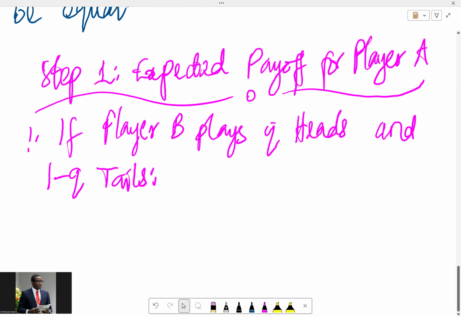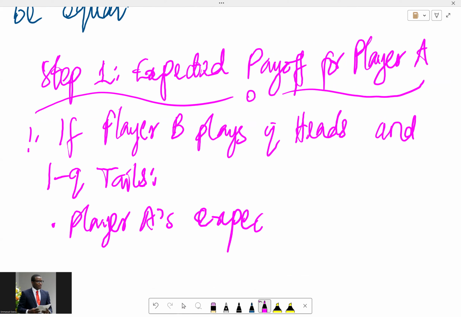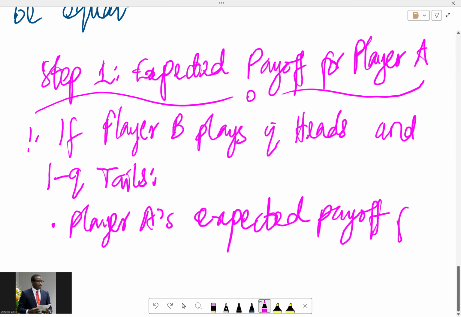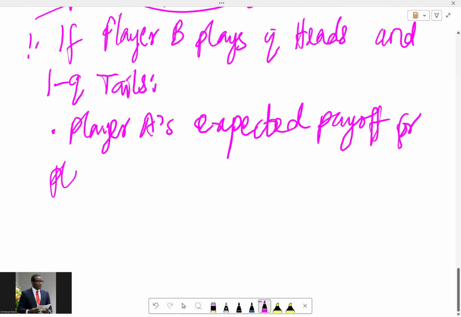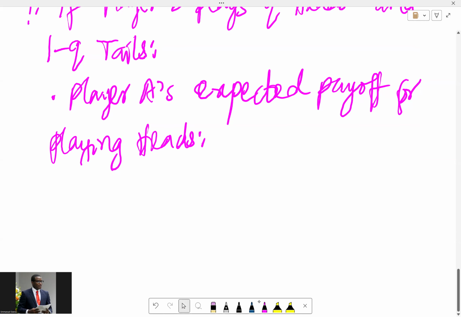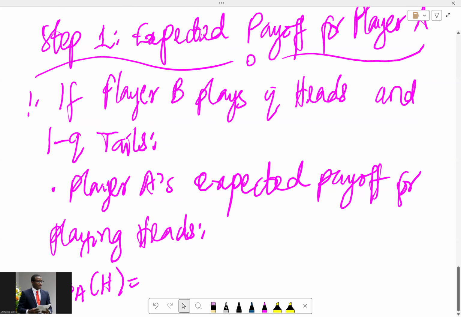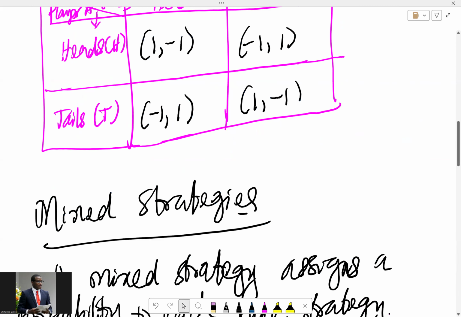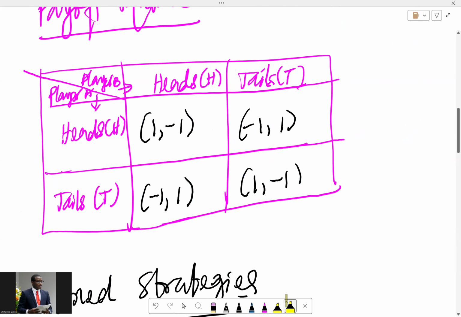Okay. So that simply means that player A's expected payoff for playing heads, now we are talking about player B. So for player A playing heads, see what it's going to look like.